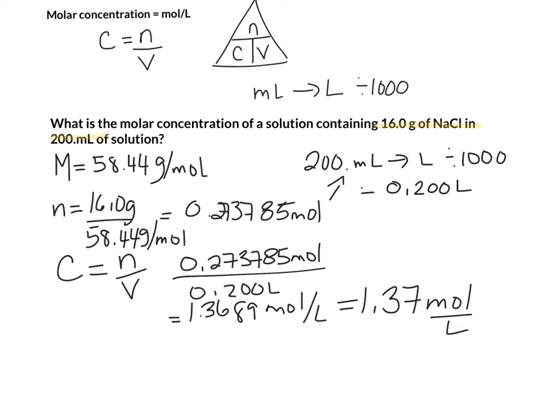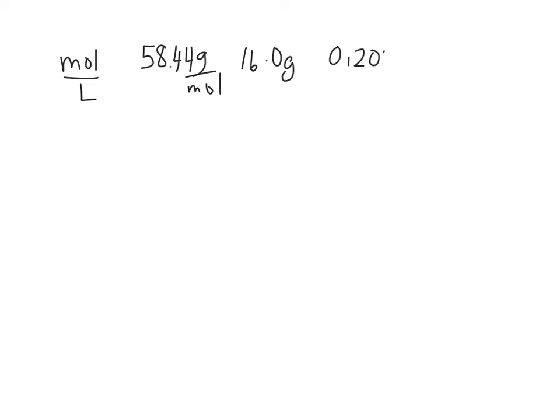If you want to use dimensional analysis, you can. We want our units to be moles per liter. We have our molar mass, our mass, and our volume. We want to end up with moles over liters. So, invert the molar mass.